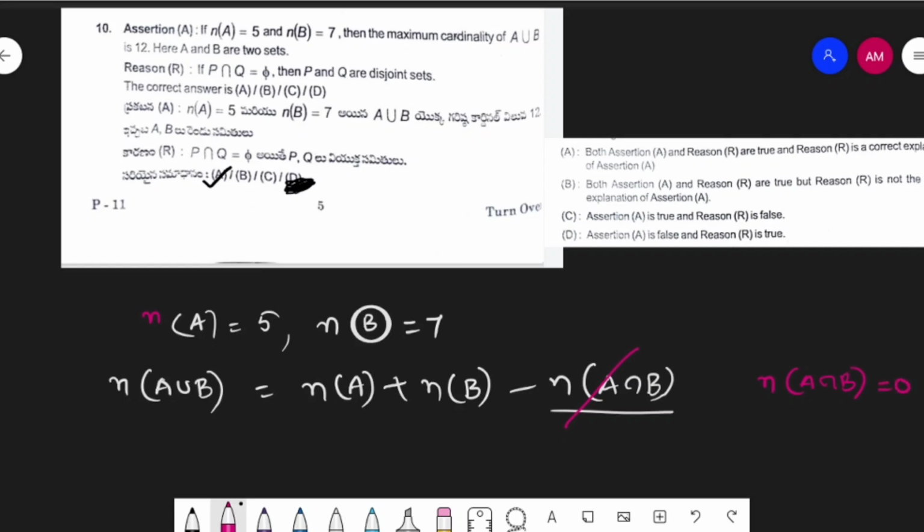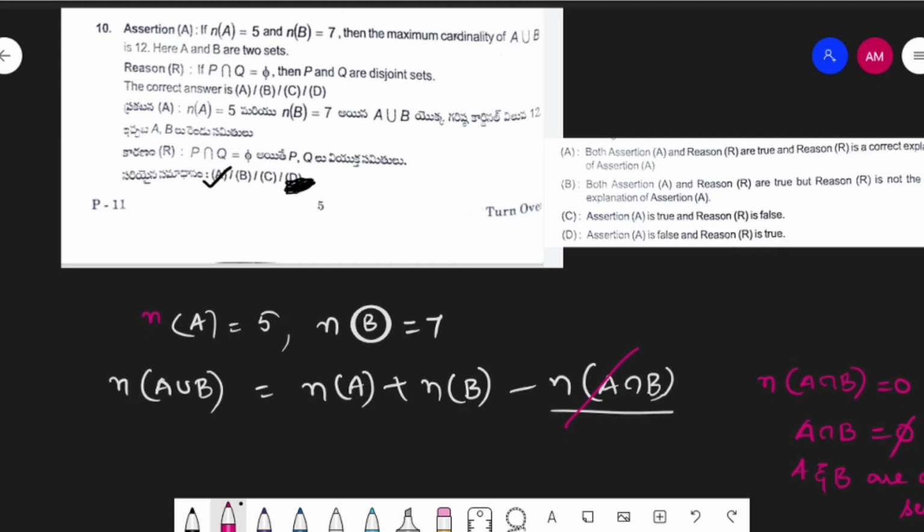When it is 0, A intersection B is an empty set, that means it is equal to phi. When A intersection B is equal to phi, we say that A and B are disjoint sets. And what will be the maximum value? 5 plus 7 is equal to 12.